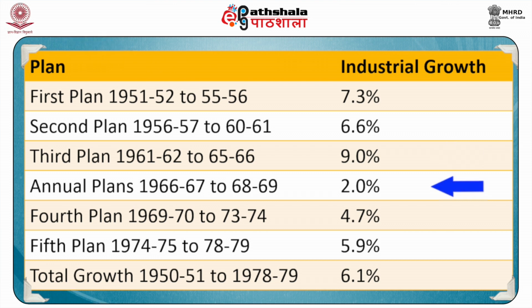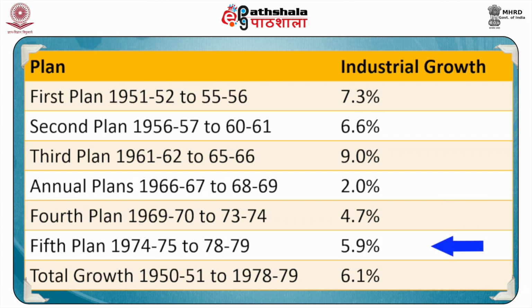Annual plans from 1966-67 to 1968-69, the industrial growth was 2%. Fourth plan, ranging from 1969-70 to 1973-74, the industrial growth was 4.7%.